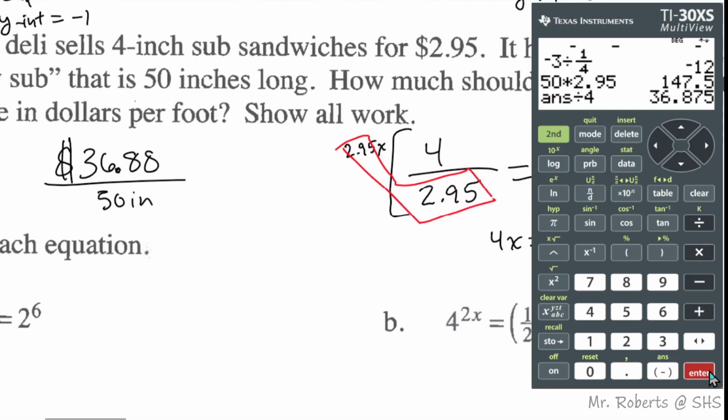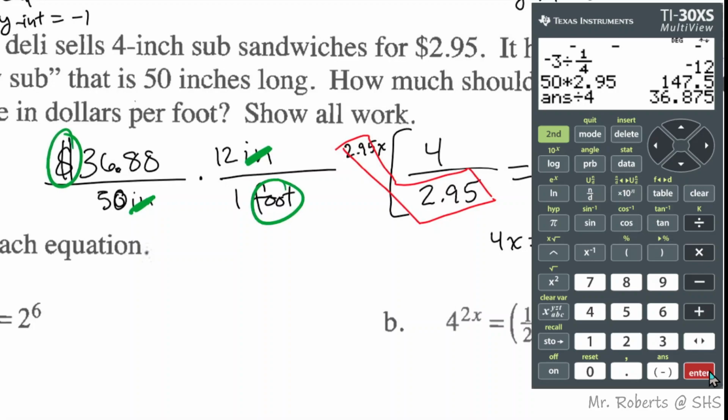You know what I'm going to do. I want inches to go away and I want it to be dollars per foot. So I know that there are 12 inches in 1 foot. Look at it, it's a giant 1. So that was 50 inches, and the inches over inches is going to equal 1. Now I'm looking at dollars per foot, but I've got to do the math.